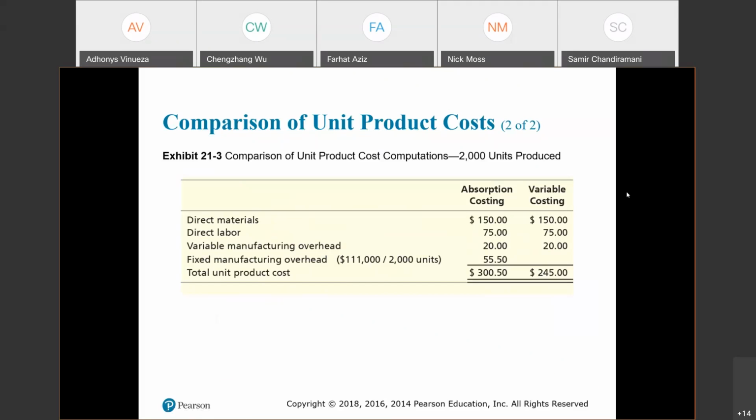And this calculation is summarized in this slide. Okay, as we can see, this part, the fixed part, is the difference. In absorption costing, this part is included. But in variable costing, this part is not.